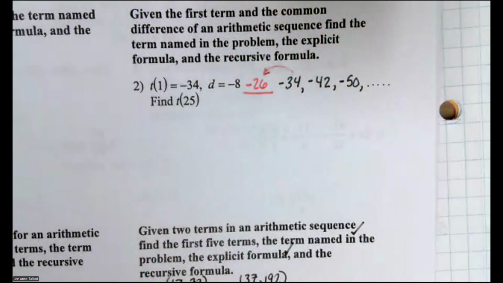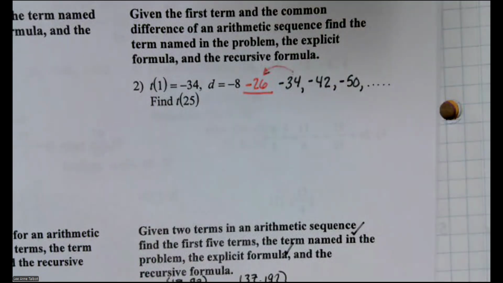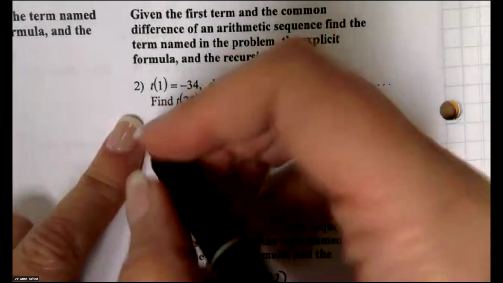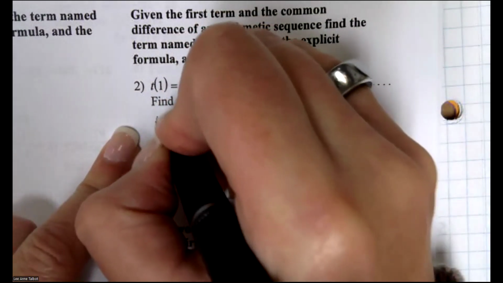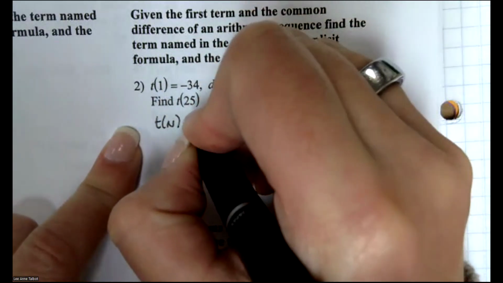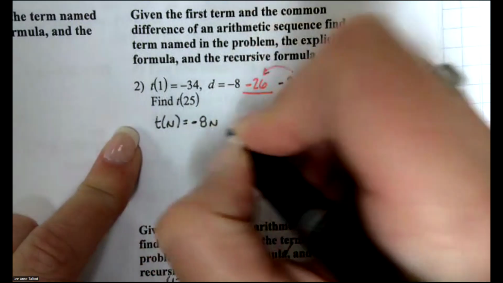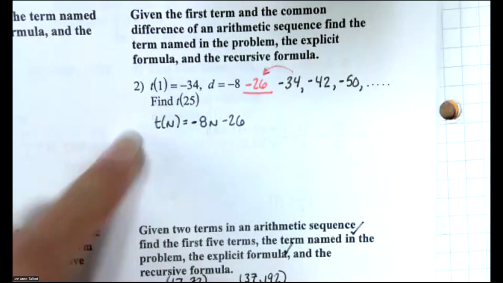I don't know. Maybe I should not have had that 200 milligrams of caffeine. Okay, so my explicit is T of n equals negative 8n minus 26.